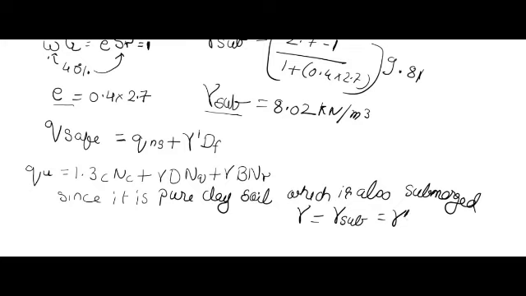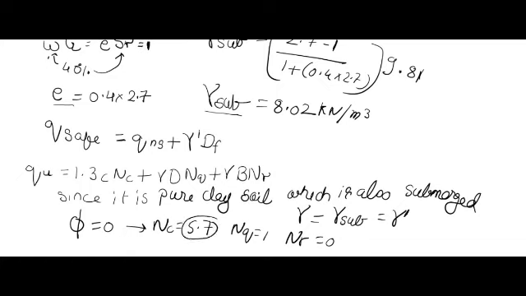Cohesion is given, but for pure clay the angle of internal friction phi is always equal to 0. For this condition we know N_C is 5.7, N_Q is equal to 1 and N_gamma is equal to 0, but in this case we will not use 5.7, since in the problem it is given as 6.9.